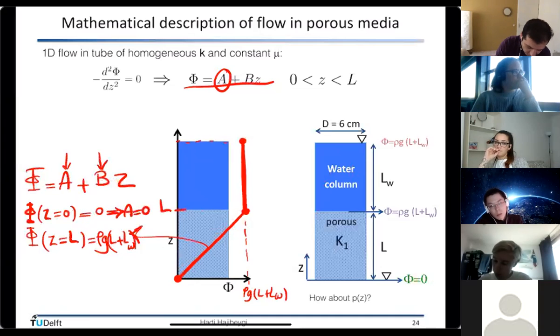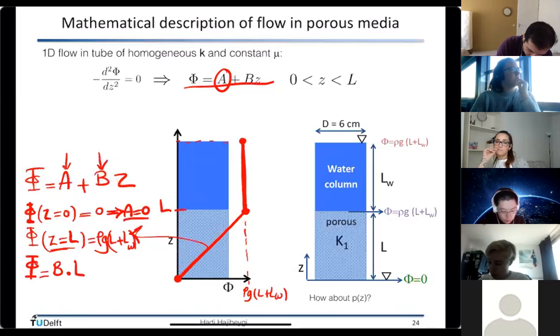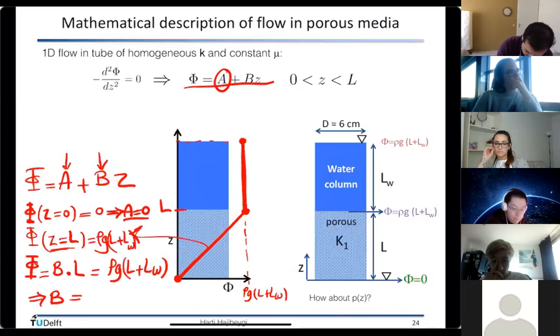If Z is L, my mathematical function says A is now 0, B times L, because Z should be set to L, is equal to rho g L plus LW. That means B is rho g L plus LW divided by L.